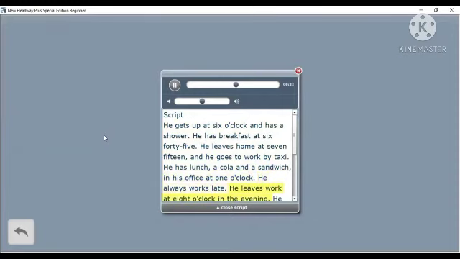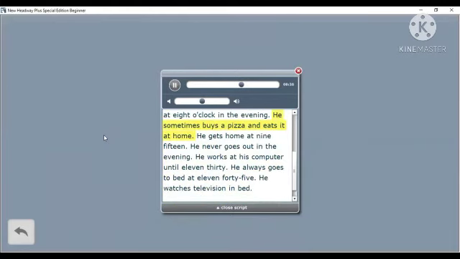He leaves work at 8 o'clock in the evening. He sometimes buys a pizza and eats it at home. He gets home at 9:15. He never goes out in the evening. He works at his computer until 11:30. He always goes to bed at 11:45. He watches television in bed.